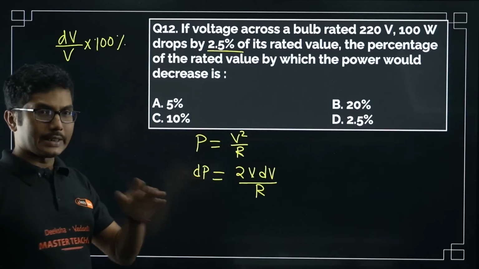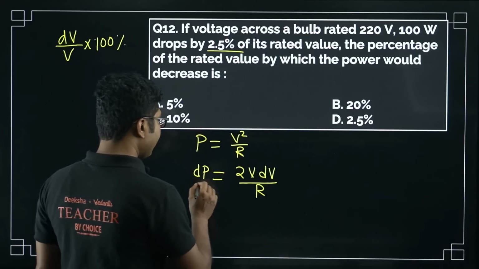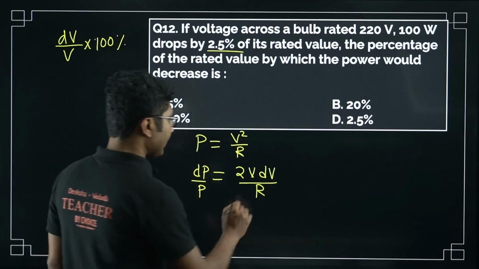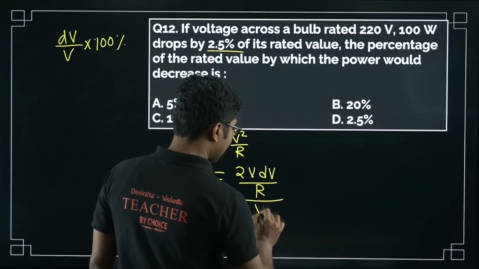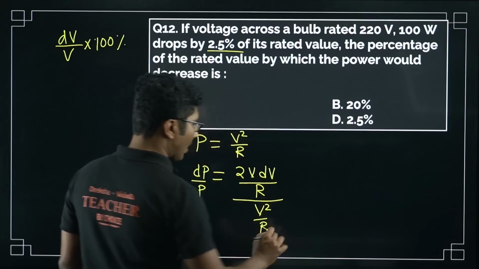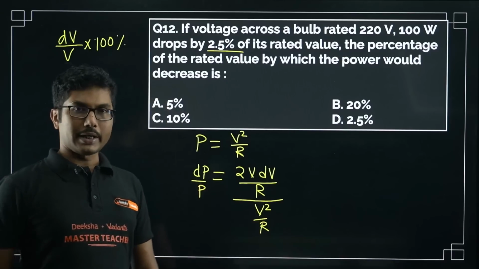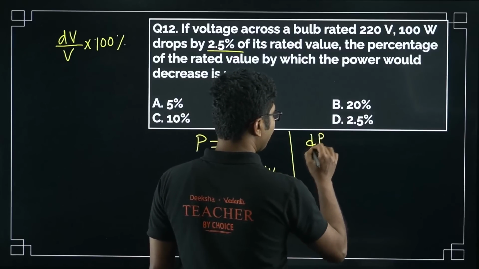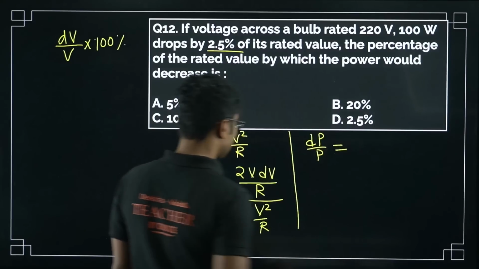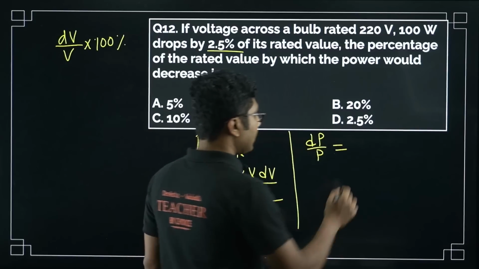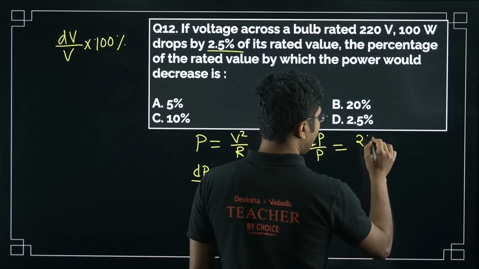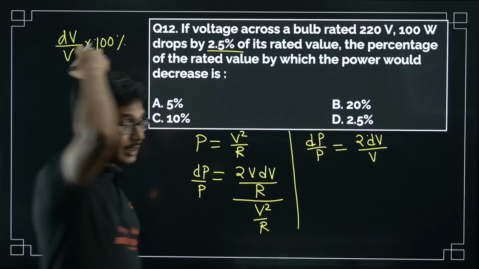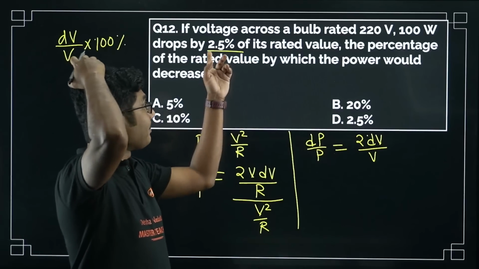Now this is not yet done. Now we will divide both sides by P. If I divide this side by P, I can divide this side by V square by R, because P equals V square by R, right? So from here we get dP by P equals 2dV by V. Now if I multiply by 100% on both sides, we get the percentage change.